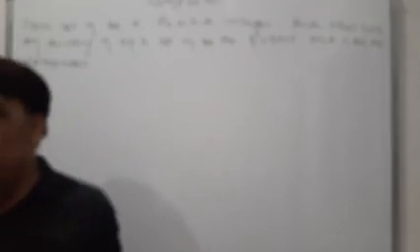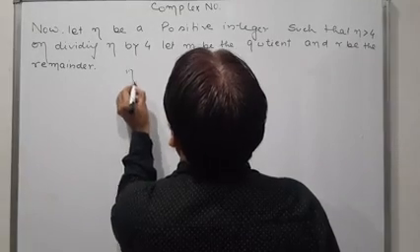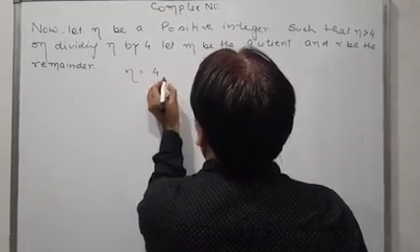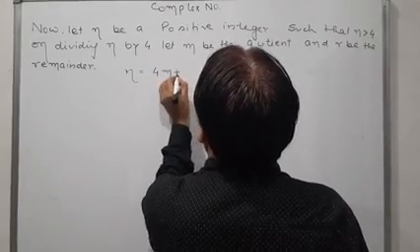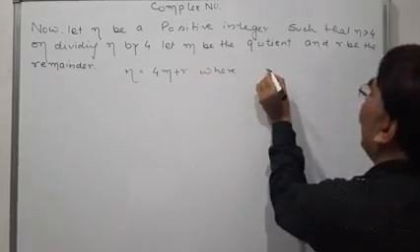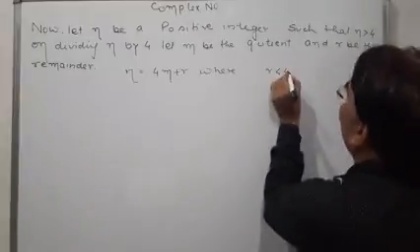We have already studied in 10th that we can write n is equal to 4m plus r, where r is less than 4 and greater than or equal to 0.